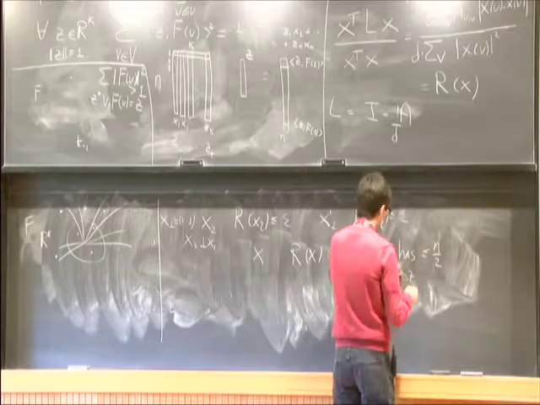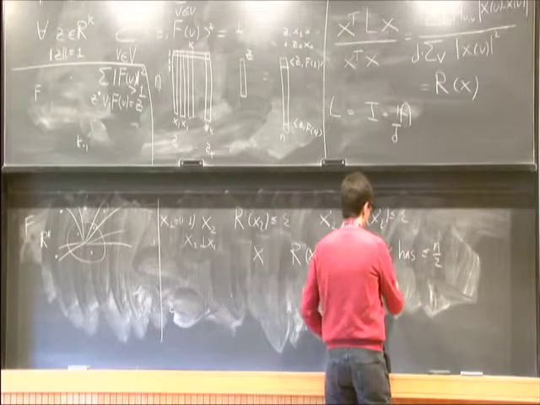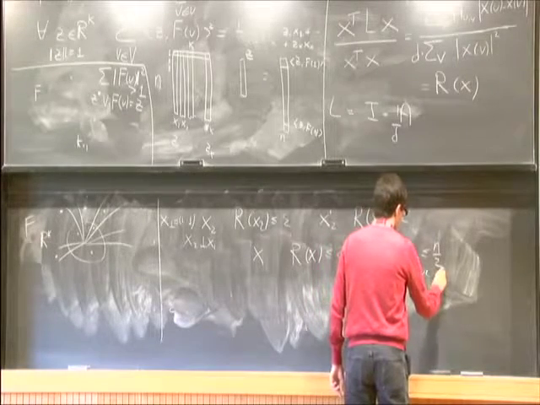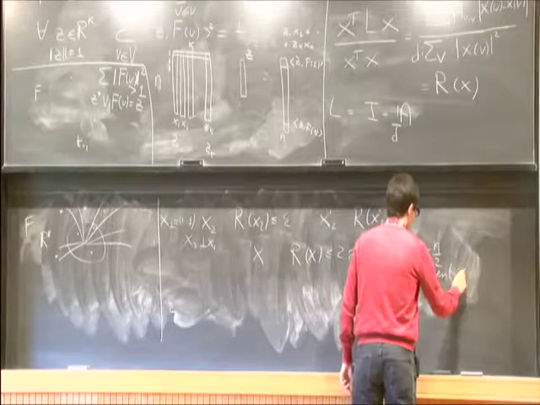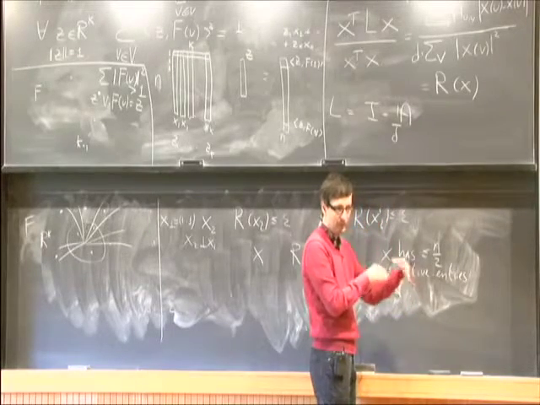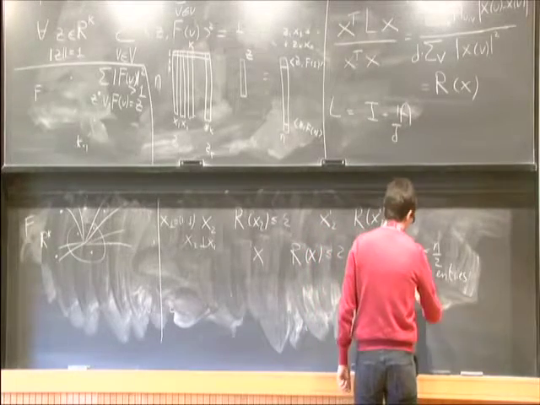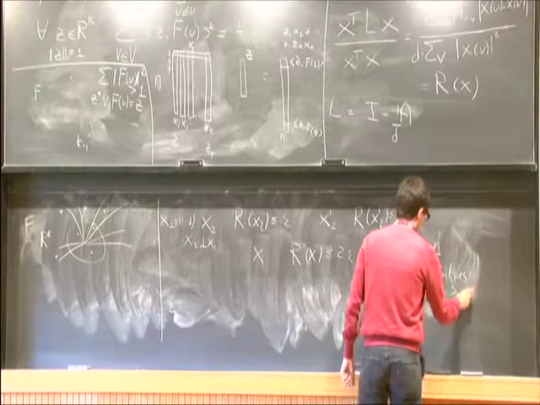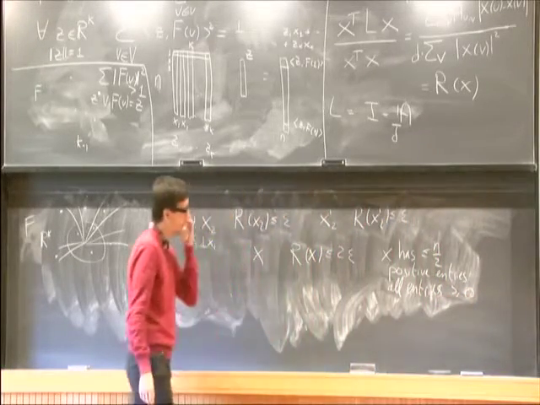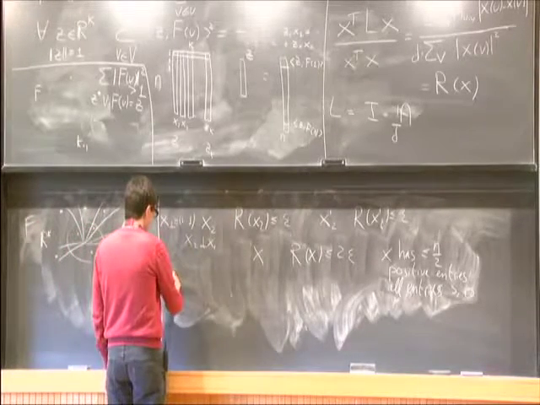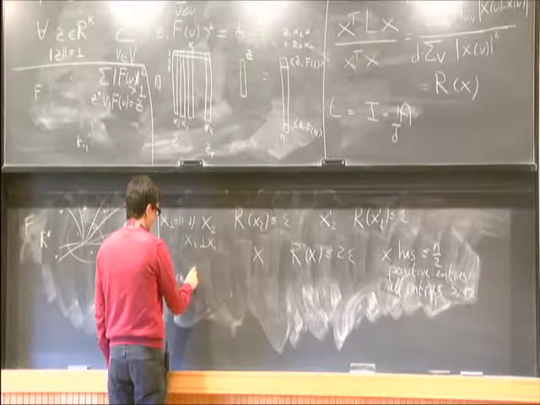Actually, maybe we can switch signs. So if we pick the negative entries, we'll change signs. Okay. So now what we'll do is pick a threshold t.